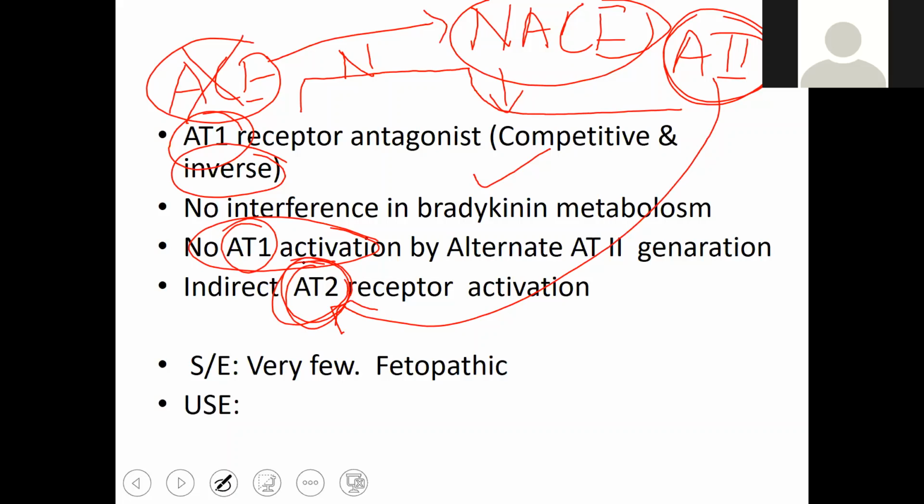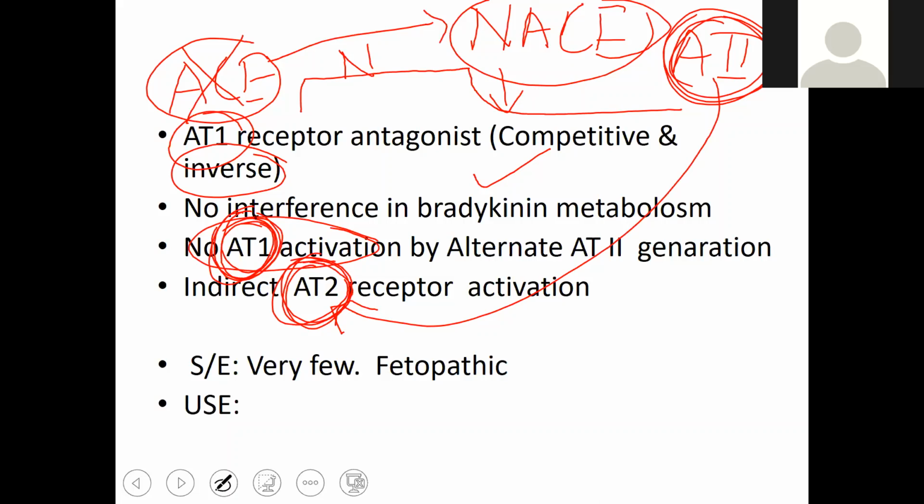AT2 has exactly the opposite action of the AT1. Okay. On one hand, it prevents the action of angiotensin through the AT1 receptor. At the same time, the angiotensin which has been synthesized in the body acts on the other receptor, the AT2, which is producing the opposite action of AT1. So there is usually production of a double action.